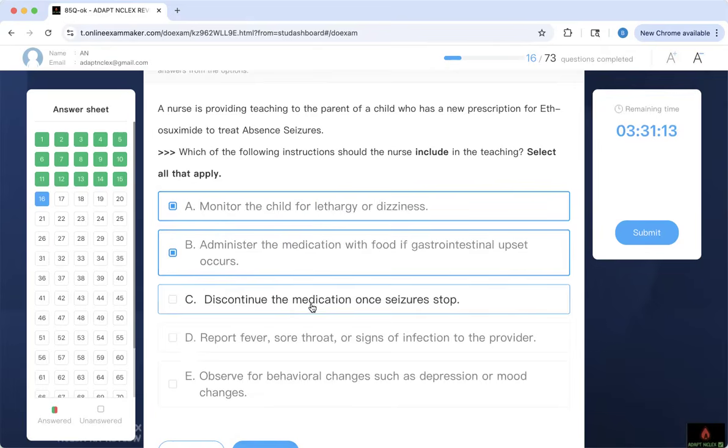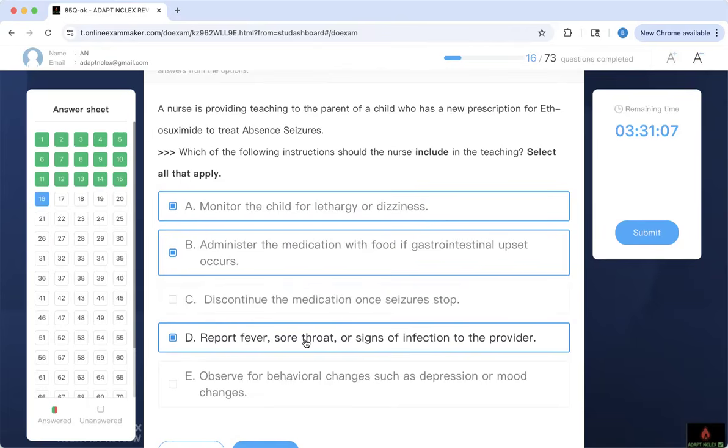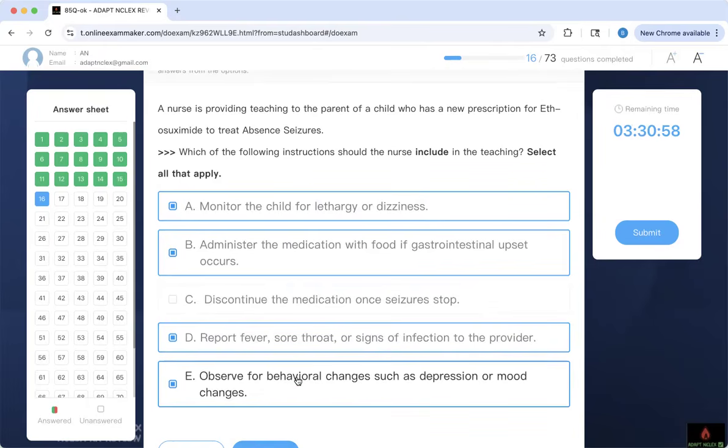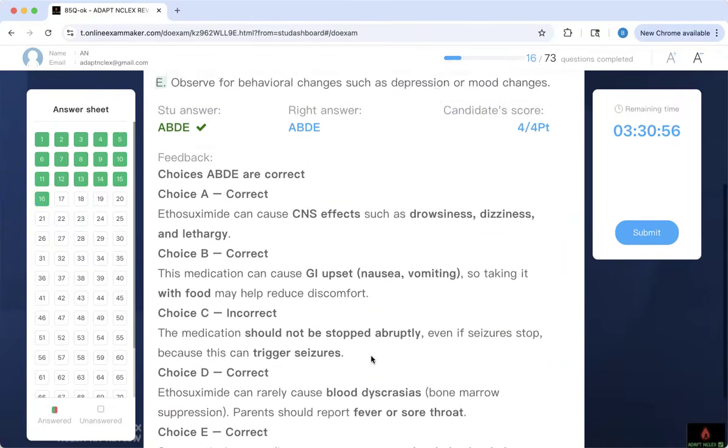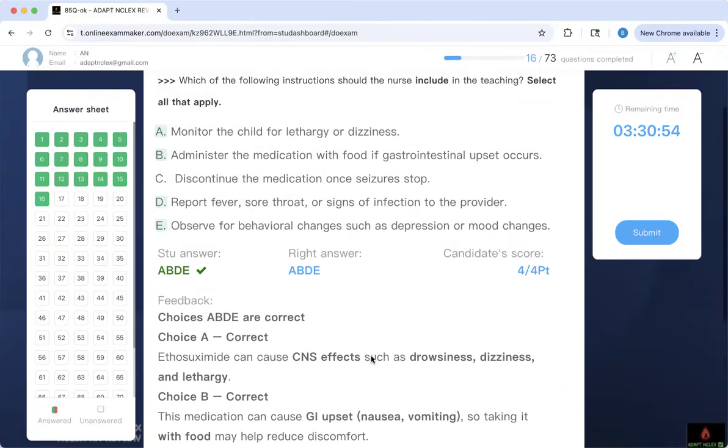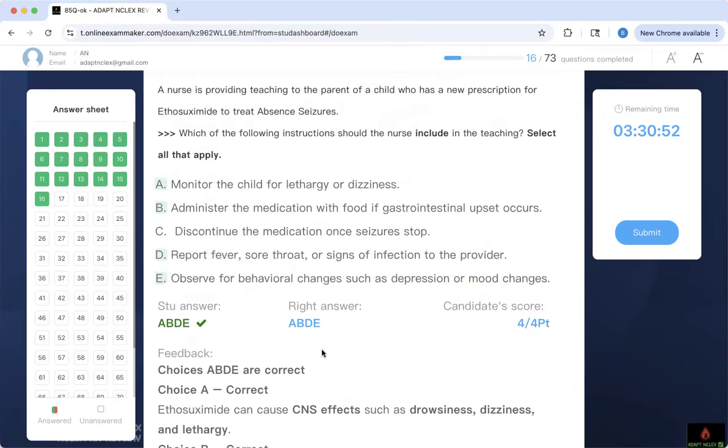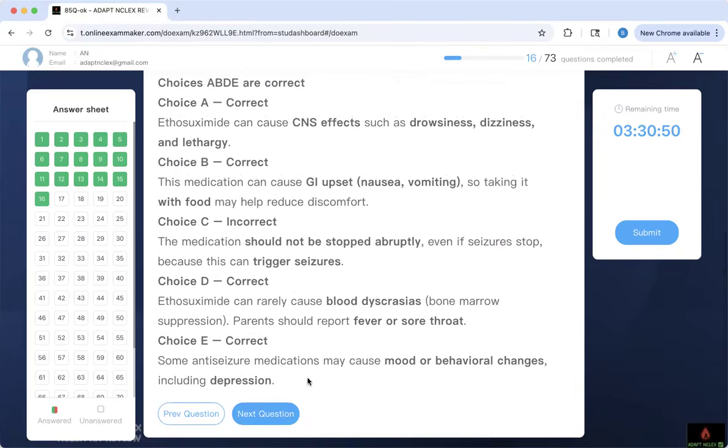They should not stop the medication. If they have fever, sore throat, signs of infection, that is what? Myelosuppression. You should let them know. And it could cause behavioral changes, depression, mood changes, and suicide. This is something you teach the parent. So these are side effects. I want you to know it. Ethosuximide, these are major side effects. You can take a picture of it. When you see it, you know what to do.